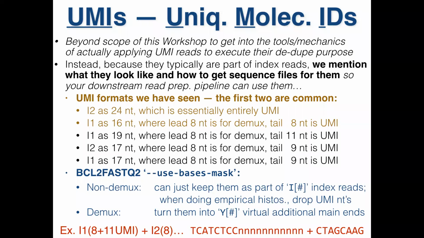So if you have a case where I1 is 8 plus 11 UMI to make it 19, and I2 is an 8, then people often write things like this, where the Ns, here I use lowercase, whatever. When you see this kind of thing in indices, the Ns are where somebody's trying to tell you what the UMI is.